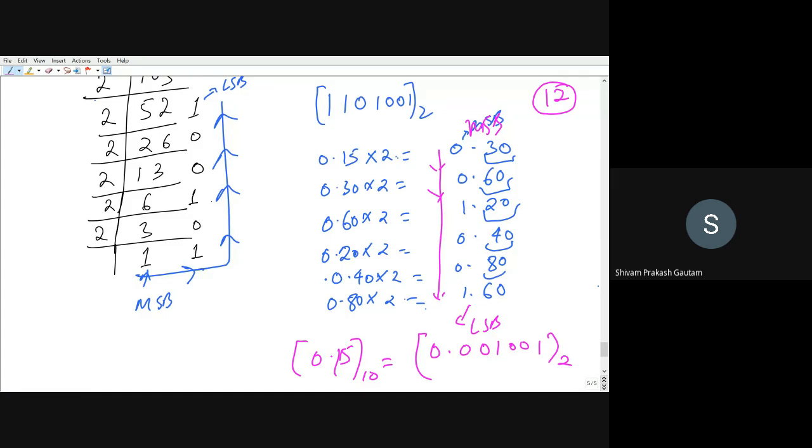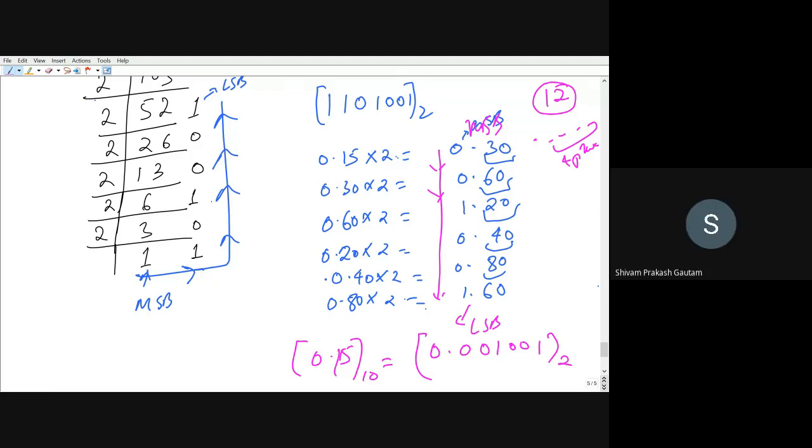If the bit number is given, then you can take 4 places after decimal. If the bit number is not given, then you can take as much as you want. But we proceed in the way of either 4 or 8, or 6, right?